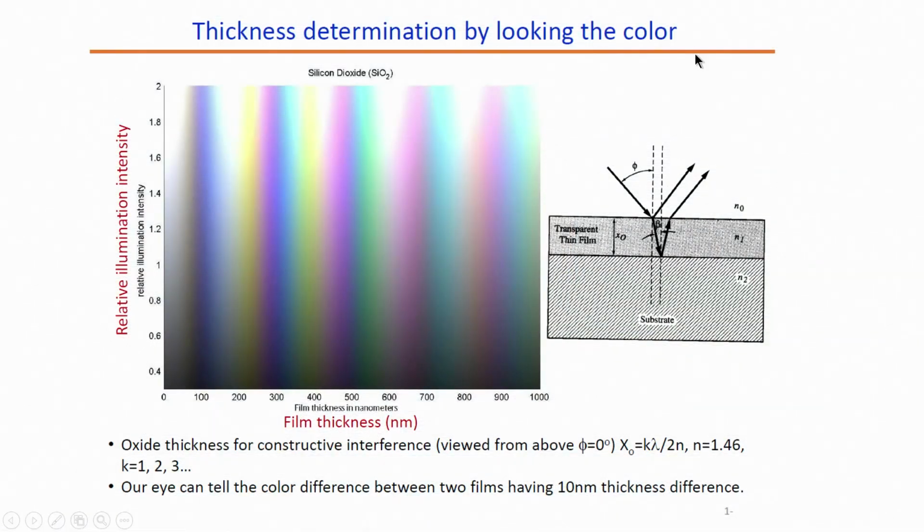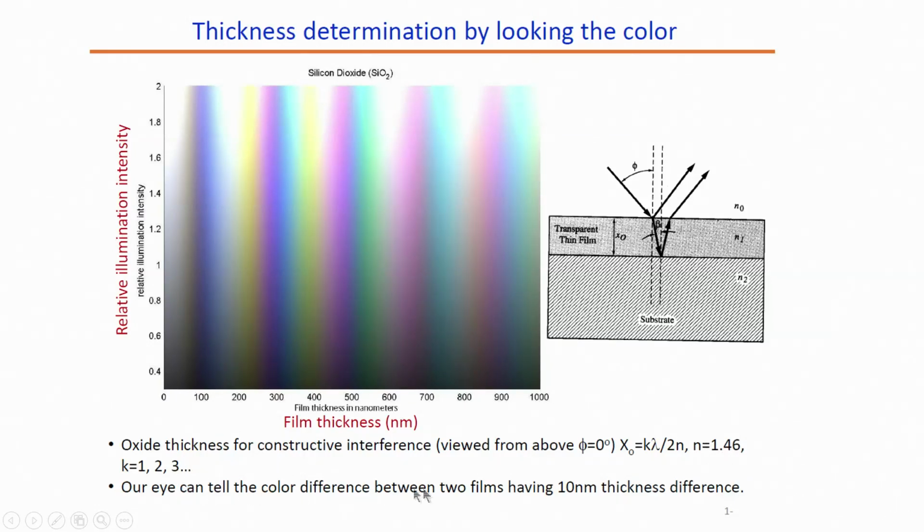So, you see here the thickness determination by looking the color, relative illumination intensity, right, silicon dioxide. When you grow silicon dioxide, you can very clearly see here, because of the transparent thin film, the oxide thickness for constructive interference viewed from about angle 0 degree is x0 equal to k lambda by 2n, n equals to 1.46 for k equal to 1 to 3.